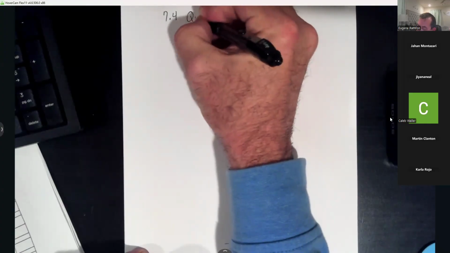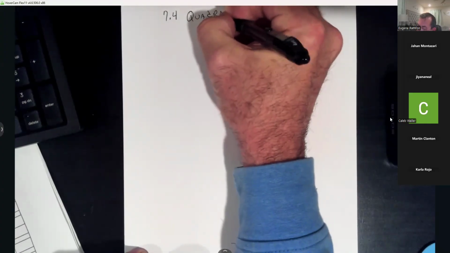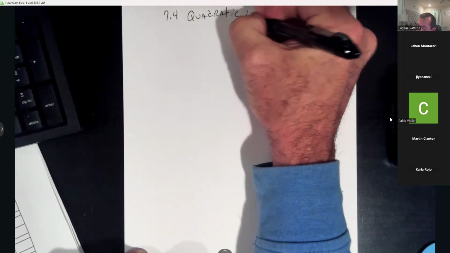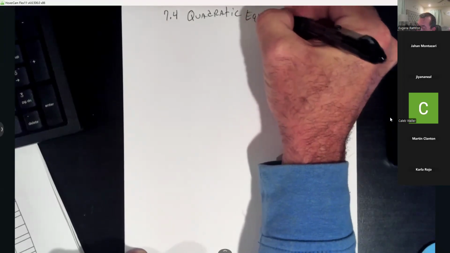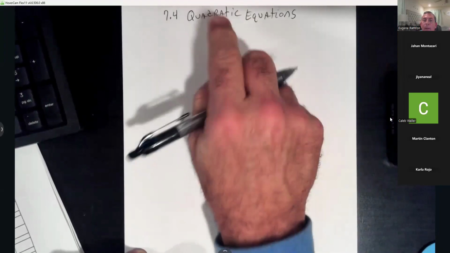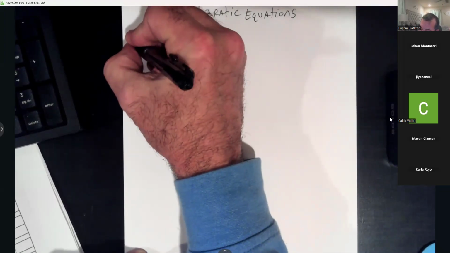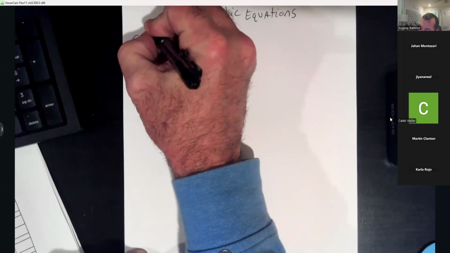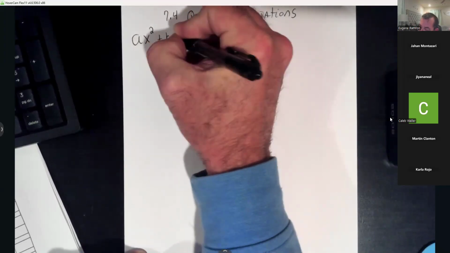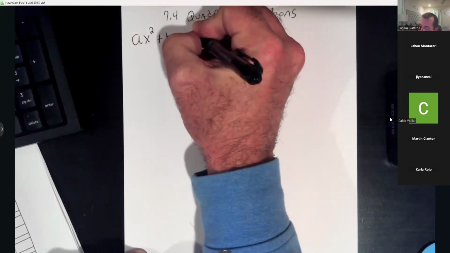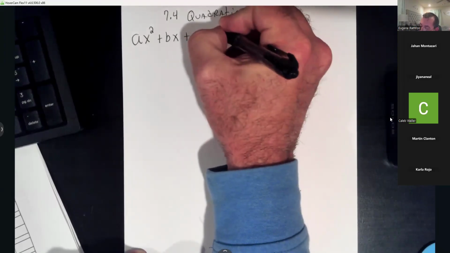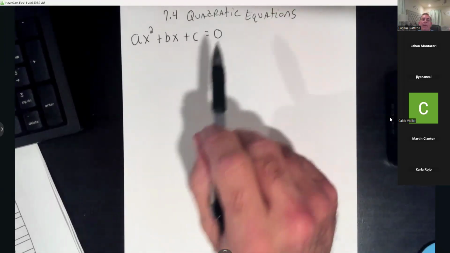And we're going to be dealing with quadratic equations. Now, quadratic equations come in the form of this: ax squared plus bx plus c equal to 0.